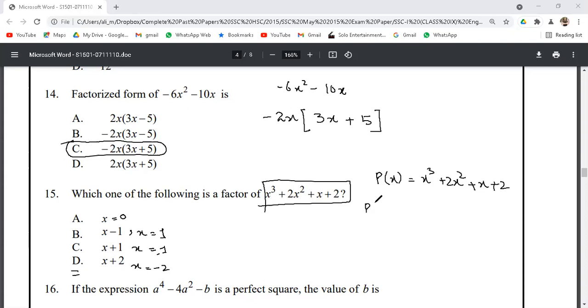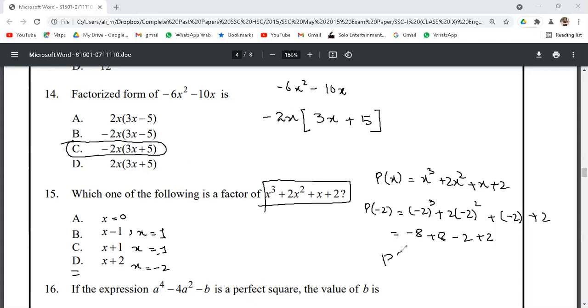Let's put minus 2 in the polynomial in place of x. So minus 2 cubed plus 2 times minus 2 squared plus minus 2 and plus 2. Minus 2 cubed will become minus 8, minus 2 squared will become 4, and 4 into 2 is plus 8. This will become minus 2, and this is plus 2.